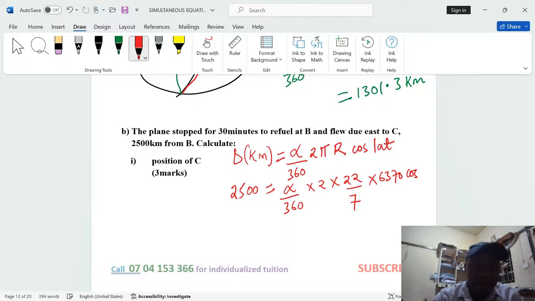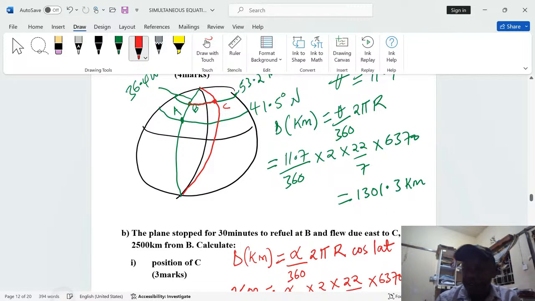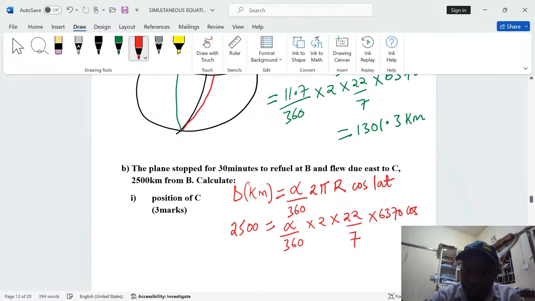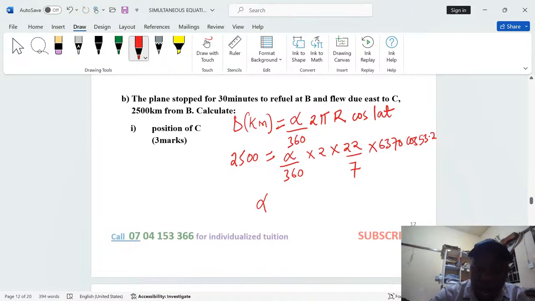Cosine of the latitude, which is 53.2. And so we can now remain with the angle alpha by multiplying 2500 with the denominators on the right hand side. That is 2500 times 360 times 7.